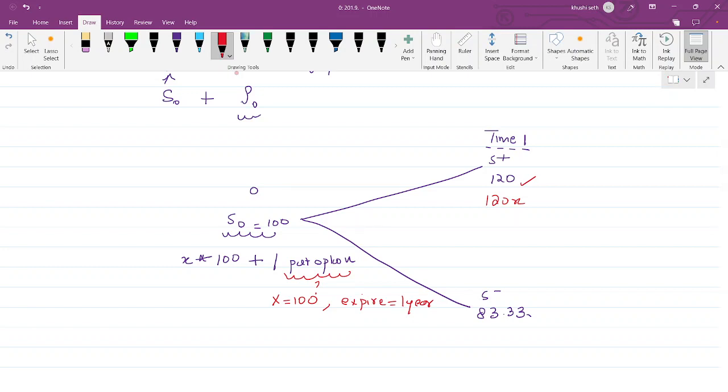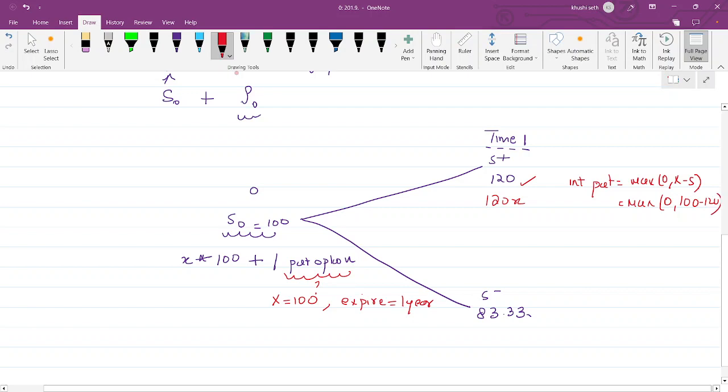So since it's going to expire out of the money, its intrinsic value is going to be 0. Right, so intrinsic value of a put is max of 0 comma X minus S. So X is 100, so max of 0 comma 100 minus 120. So that's going to be 0.